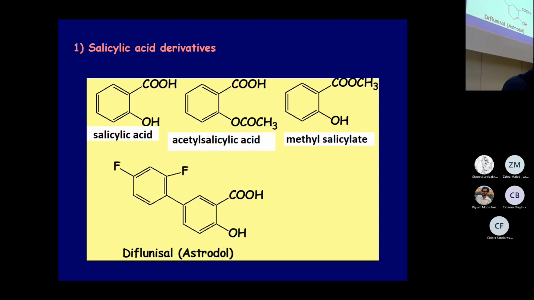Normally, if you remember, fluorine has the same dimension as hydrogen atoms, the same cloud, but the effects are completely different. And these two fluorine atoms are able to further increase the lipophilicity of this compound. So these are the four main compounds of this class.